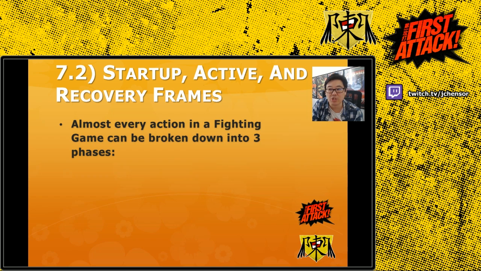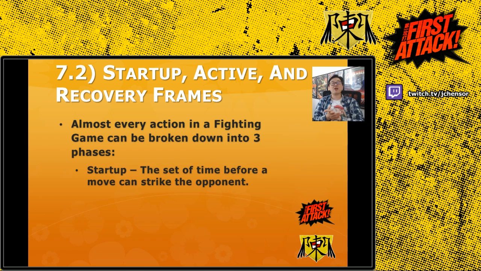There are the startup frames. The startup frames are all of the frames of a character's move before it can actually hit you. A lot of times when I hit heavy punch in Street Fighter V, for example, my character doesn't just go BAP and hit you the instant you hit the button.